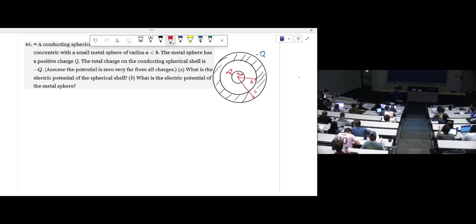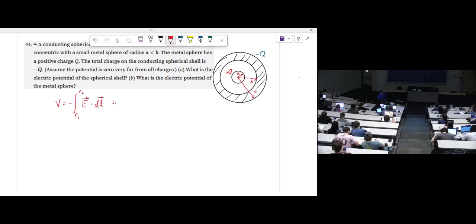Well, remember that if we can take the derivative of the potential to get the electric field, we can take the path integral of the electric field to get V. So V is going to be equal to minus the integral from R1 to R2, radius 1 to radius 2, of E dot dl.